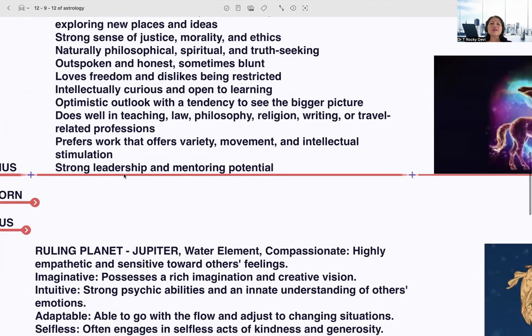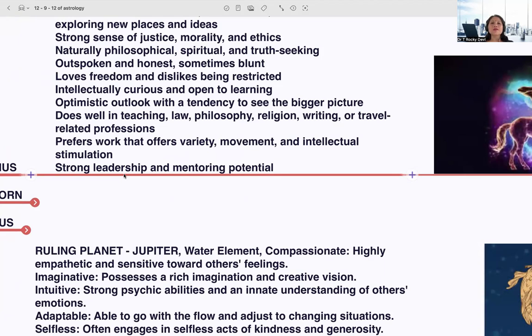They have a strong sense of justice. Jupiter is what you call the guru, as per astrology, the same name we use in Tamil and in Hindi also. Jupiter is the guru. So they give importance to justice, morals, and ethics. They are naturally philosophical, spiritual and truth seeking.